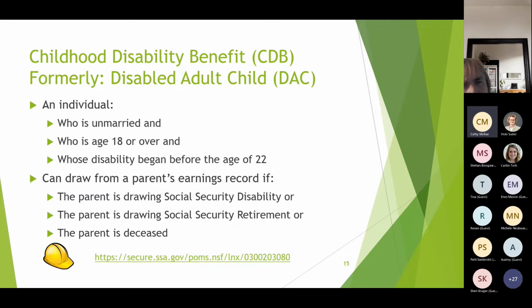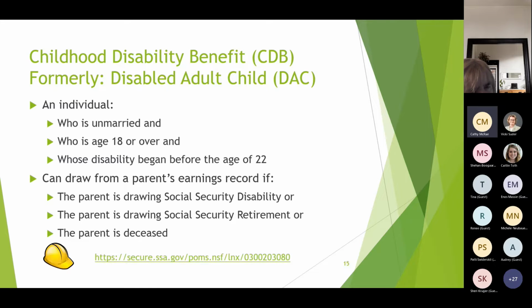So as I mentioned, SSDI can cover the worker, but it can also cover family members. And one of the family members that it covers are folks who are called childhood disability beneficiaries. This used to be called disabled adult child benefits. And in Michigan, we do still use the term DAC, disabled adult child, for Medicaid purposes.